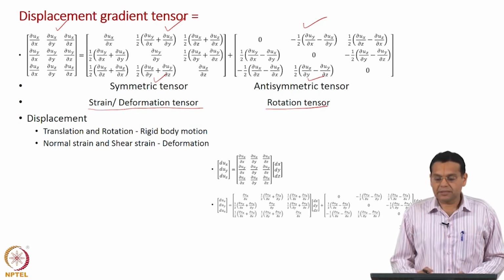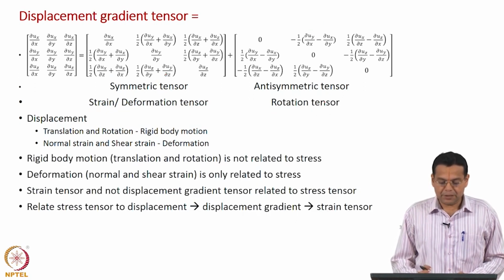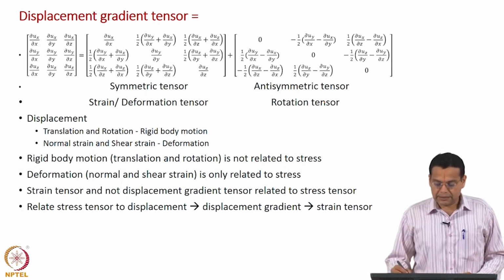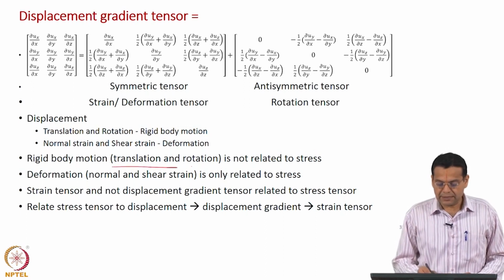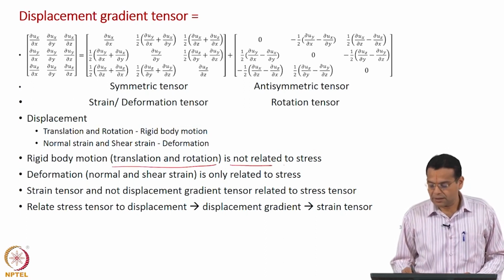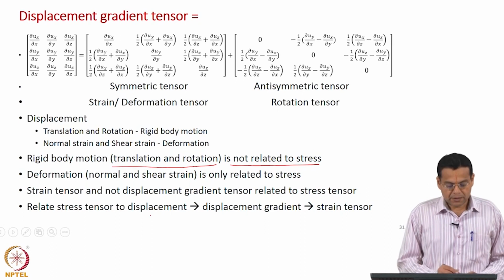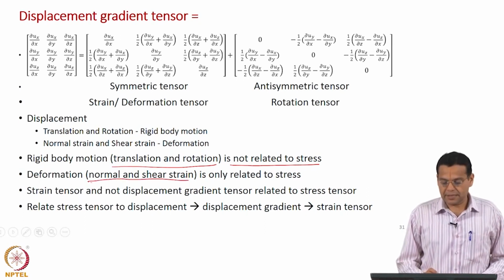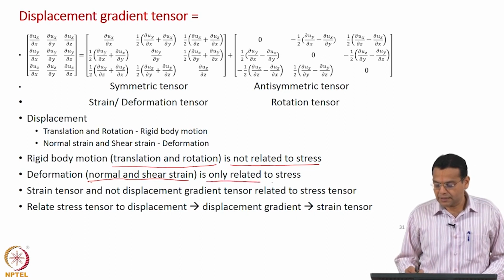Next, what we discussed, more importantly, was this particular slide. In fact, this was a concluding slide. Rigid body motion, which is translation and rotation, is not related to stress. Deformation, which is normal and shear strain, is the only thing related to stress.